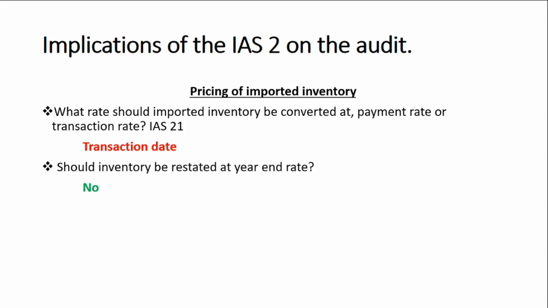It can also be done once a year and doesn't need to be done on a monthly basis. In addition, we often will have inventory that does not last for an entire year, so it moves so quickly out of our entity that we don't have time to restate it. So there are multiple reasons why, but these are the ones.